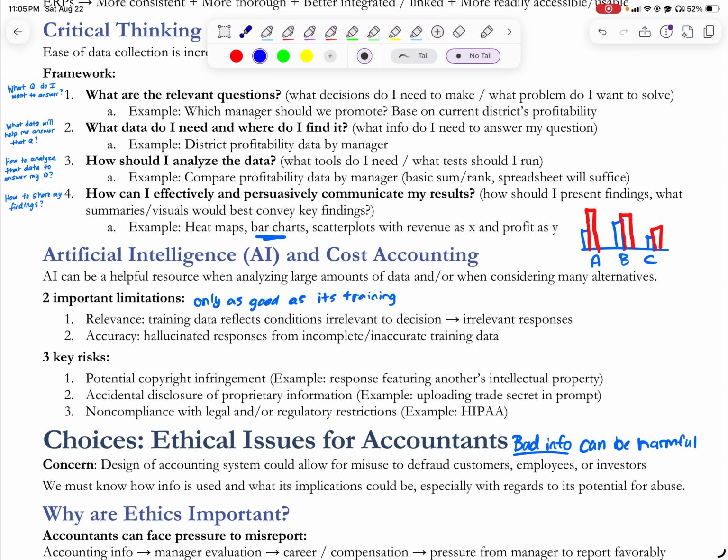So if you wanted to assess how they used their revenues, like how profitable they were as a share of their revenues, B here had the most in profit versus A, which is just slightly lower.